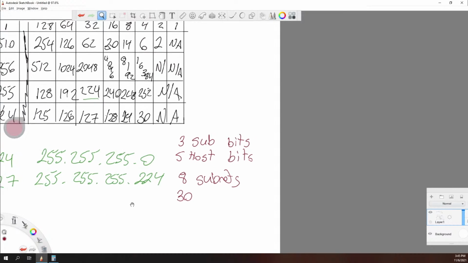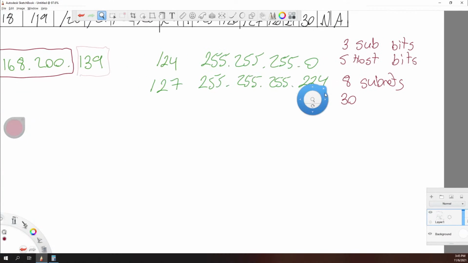However, in the grand scheme of things, if you'd rather see the reason why, it's because if we take our binary and look at it, we're borrowing 3 bits. So those 3 bits that we're borrowing are 128, 64, and 32.